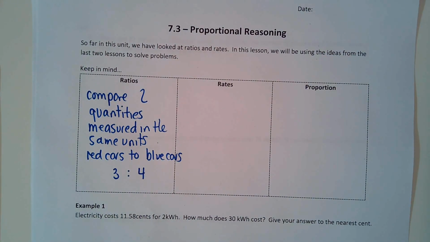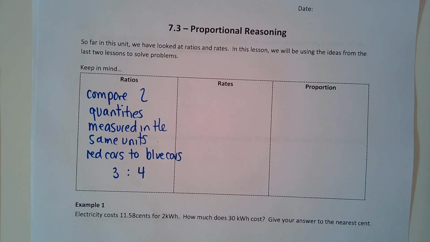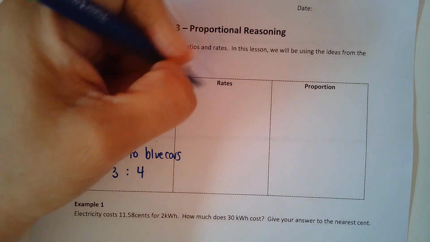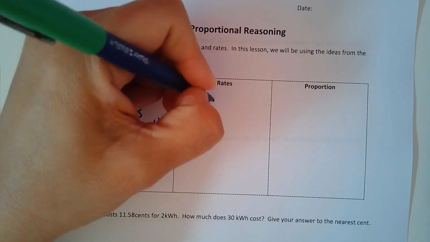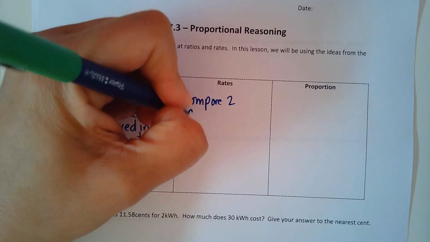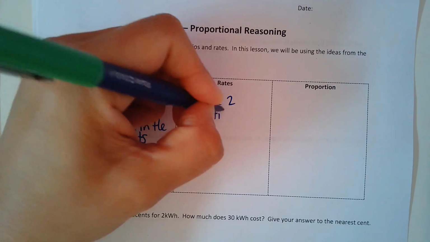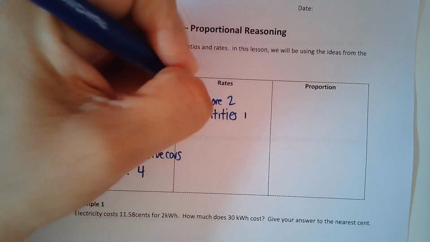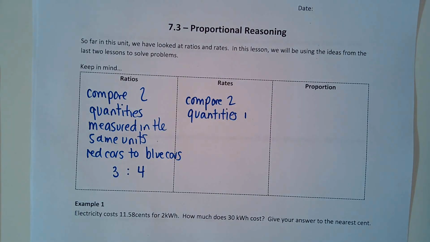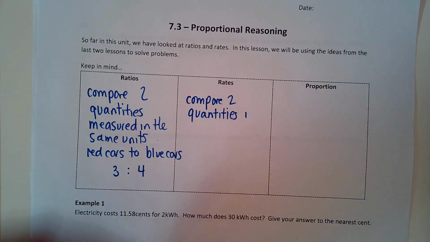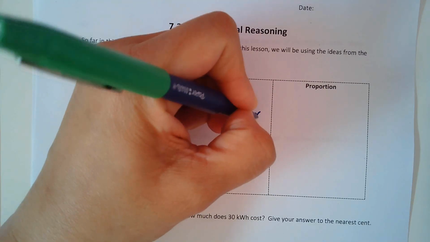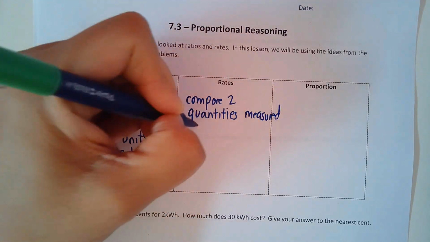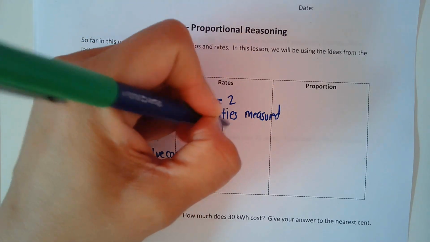Okay. Rates are similar to ratios in that they also compare two quantities, but the key difference is that they're measured in two different units. So they compare two quantities measured in different units.